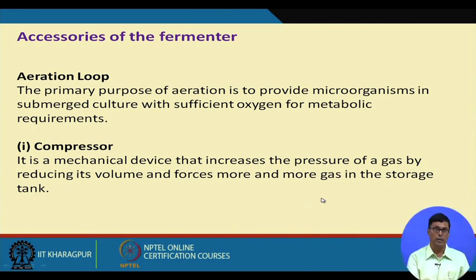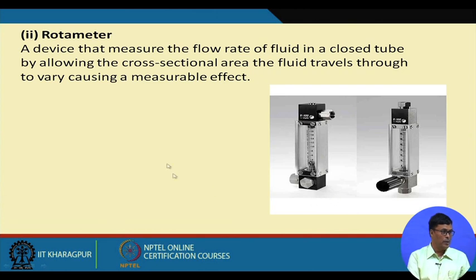This depends on the mass transfer coefficient of the system and the flow rate of the air, that is usually determined with the help of a rotameter. A rotameter looks like this. You can see in the rotameter they have a linear scale, and there is a float. This is a small ball.